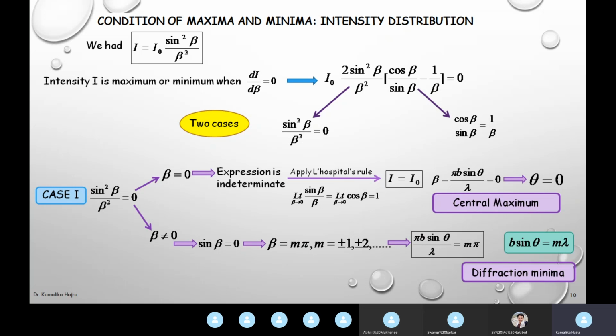So if there are several diffraction minima for different values of m, plus or minus 1, plus or minus 2, etc., then there must be bright patches in between these minima. Otherwise, how will we see the minima? Central maxima is occurring only at theta equal to 0. So there must be some more conditions of maxima apart from the central maxima and the diffraction minima.